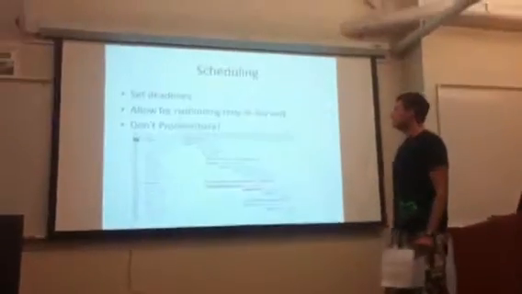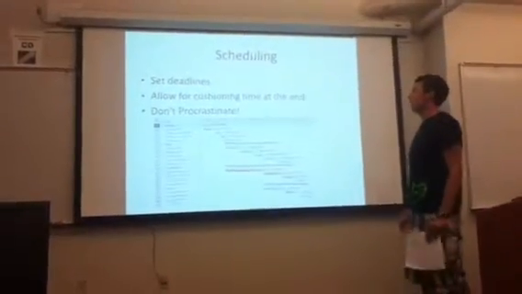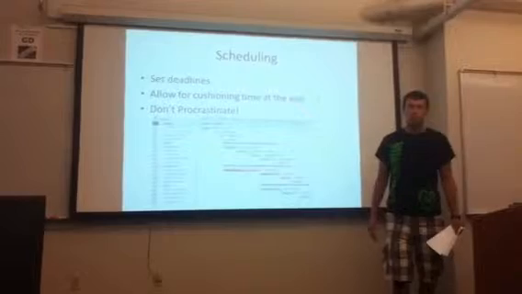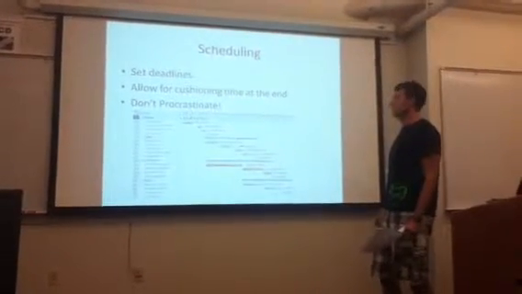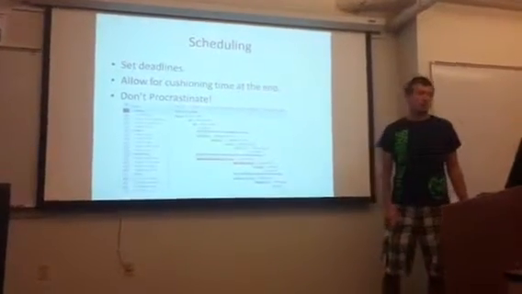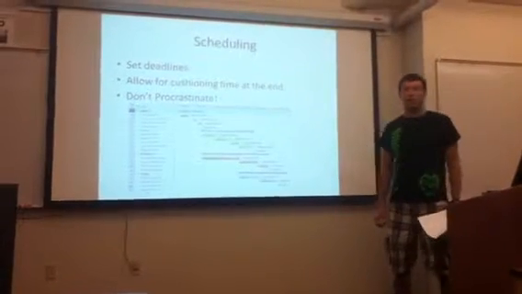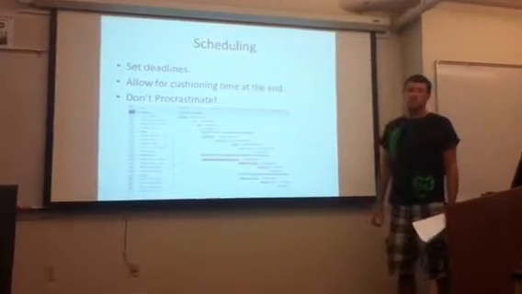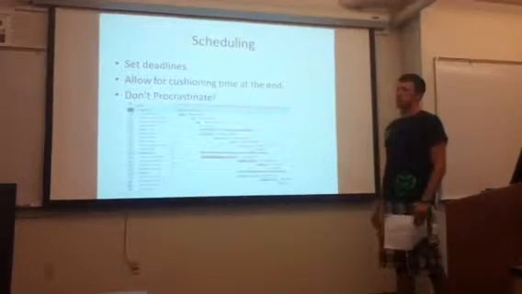So the first step is to set a schedule. Now setting deadlines is extremely important, as we discovered this past year, where we procrastinated a little too much and ended up not being able to fix fatal flaws of our design.